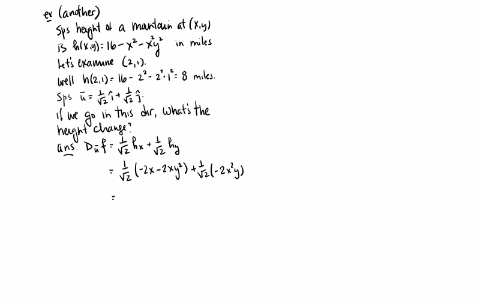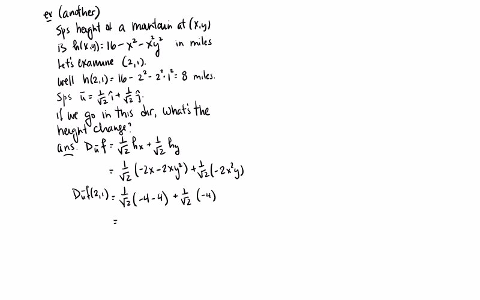So if we plug in our point, we get 1 over root 2 times negative 2x, which is negative 4, minus 2xy squared, which is negative 4. Negative 2x squared y is negative 4.